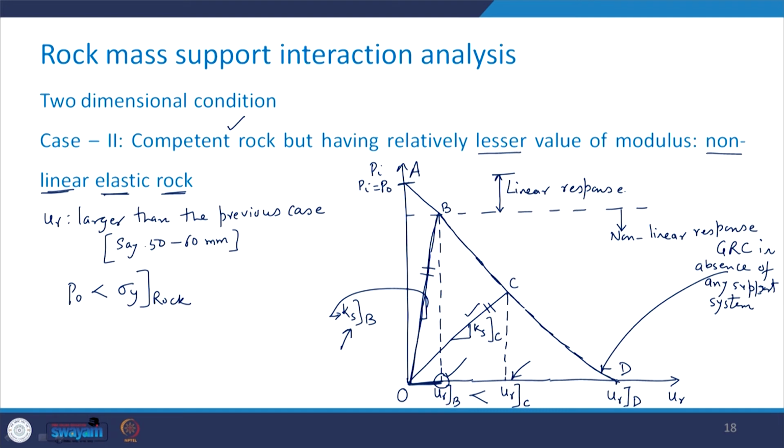And if you want to allow this high value of radial deformation, then you don't need a support system, even though it is the rock having a relatively lesser value of the modulus. So this is how one can determine the stiffness of the support system. This is what is called the support reaction curve.